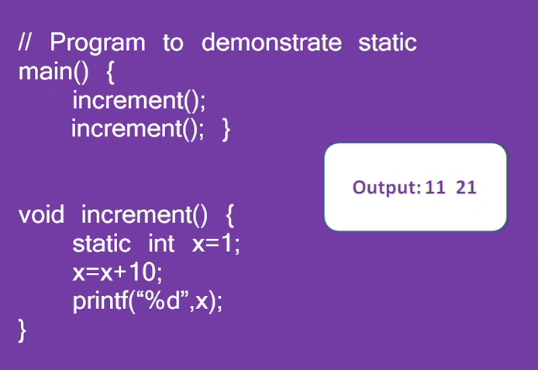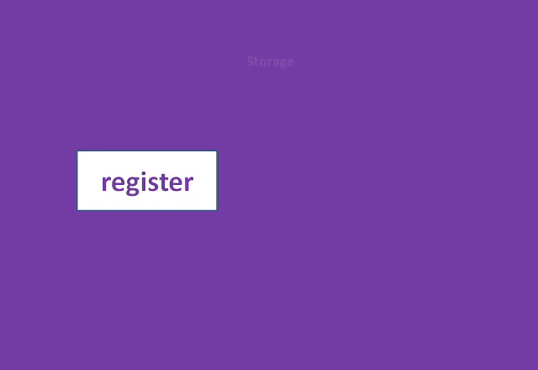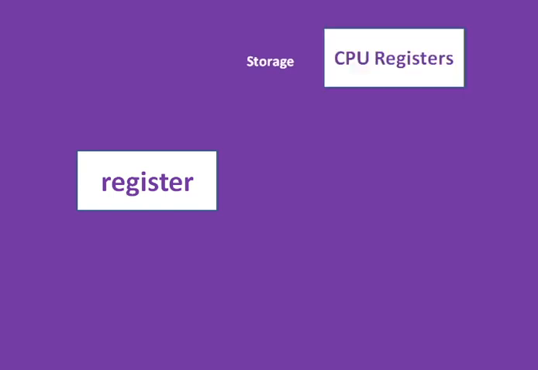Okay. So the next storage class is register. In case of register, the storage area is CPU registers. We know that every CPU contains registers. So if you write register int x, that x is stored in CPU registers, not in the data segment or the stack segment.